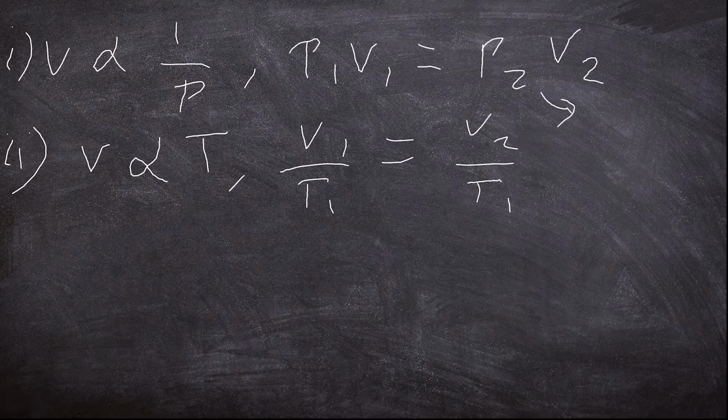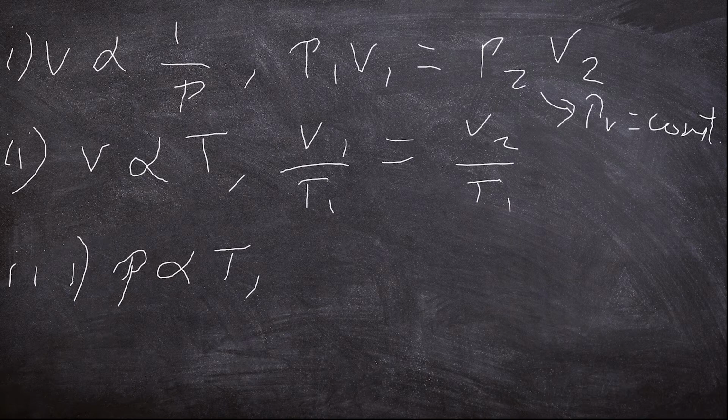This can also be written as PV equals constant. Then in the law of pressure, pressure is directly proportional to temperature, that is P1 upon T1 equals P2 upon T2.